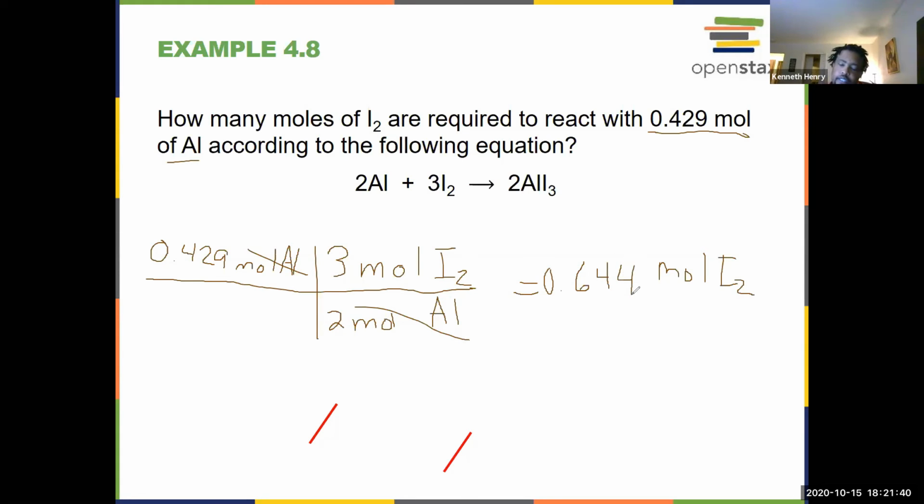Three sig figs? Is that what you're also telling me? Yeah. Okay. Piece of cake?